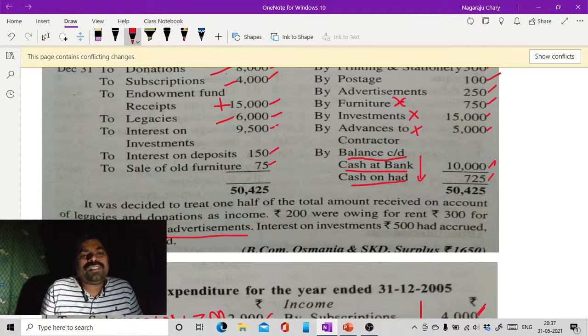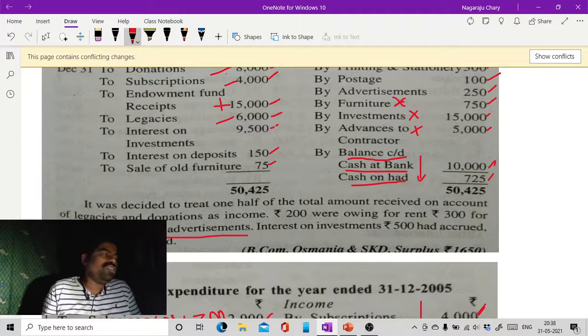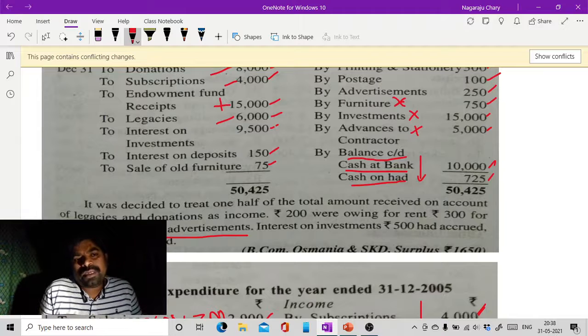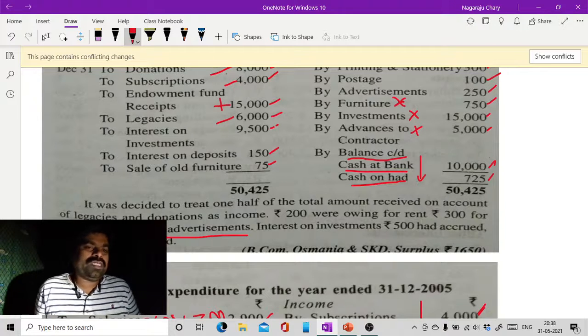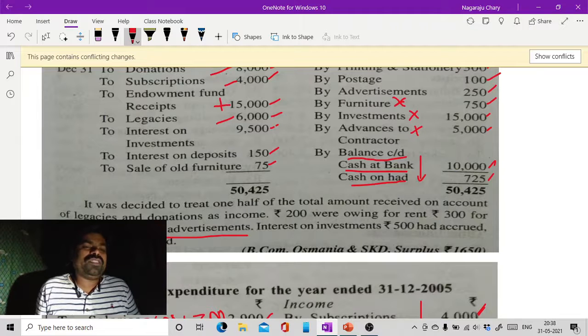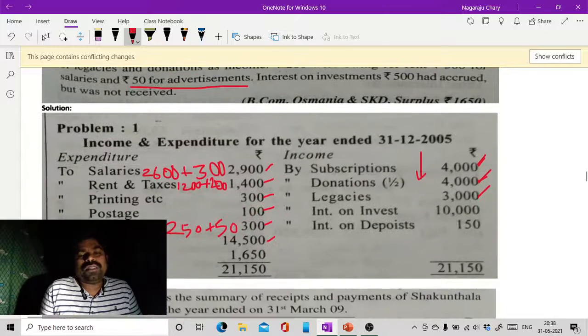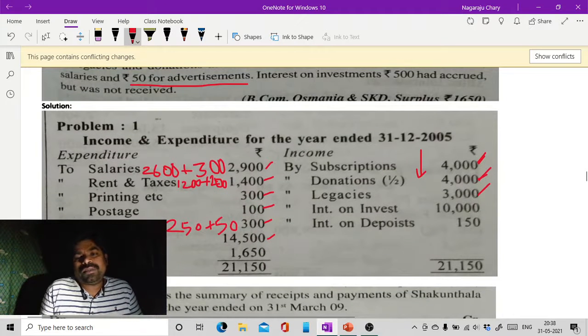Next, interest on investments. Do we receive interest again and again? Yes, definitely. So that's why interest is taken into consideration. Interest is considered repetitive in nature. So interest on investments 9,500 received. But here we have taken 10,000.